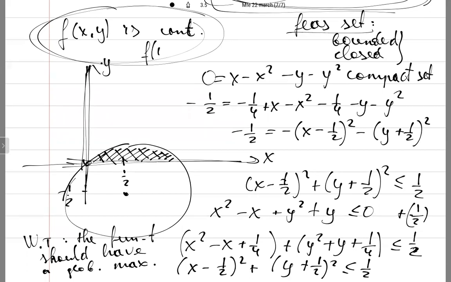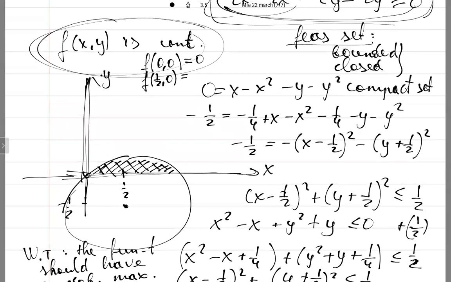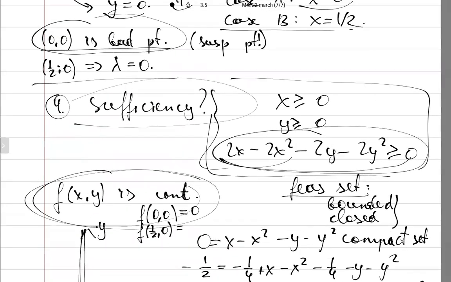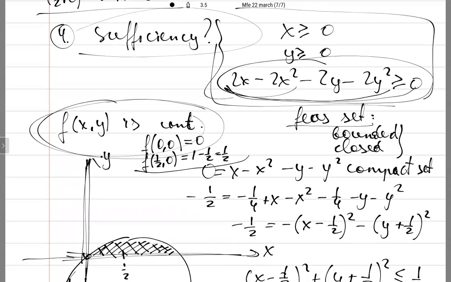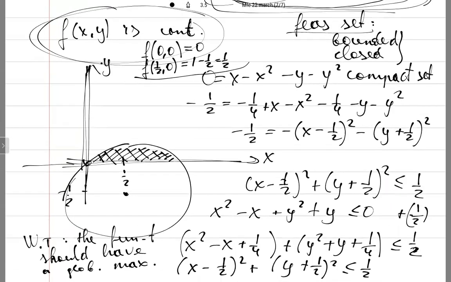So I will just check them. F at 0, 0 is 0. F at 1/2, 0 is 1 minus 1 minus 1/2. It's 1/2. Woohoo! The second one is better. So the final answer is I have 2 suspicious points.